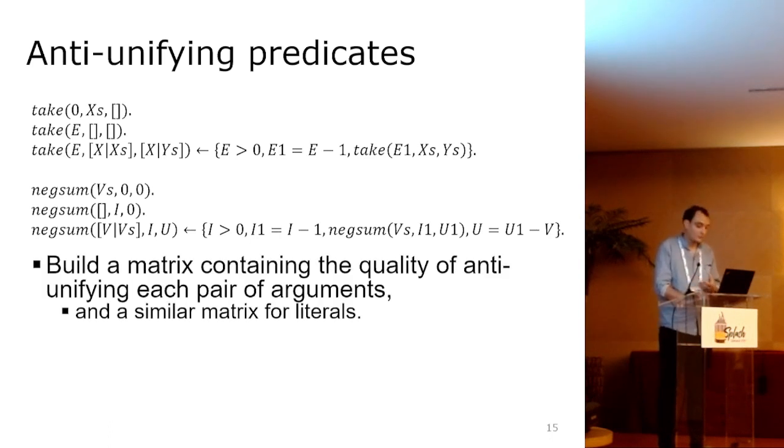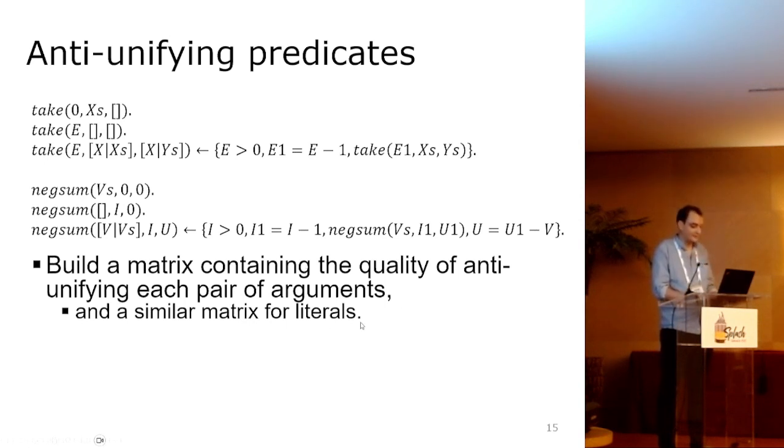So first, we build a matrix containing in each cell the quality of anti-unifying each pair of arguments. So we have a matrix corresponding to all the arguments, and we see for each pair of them how much quality it yields tau-wise to anti-unify them.